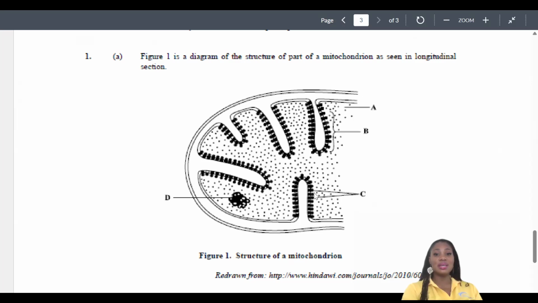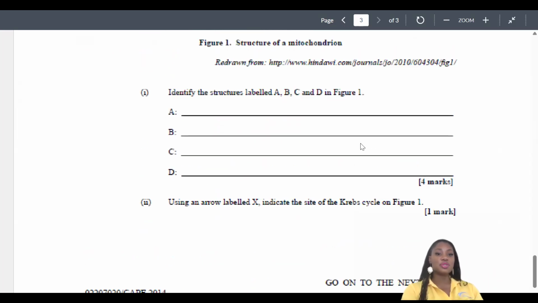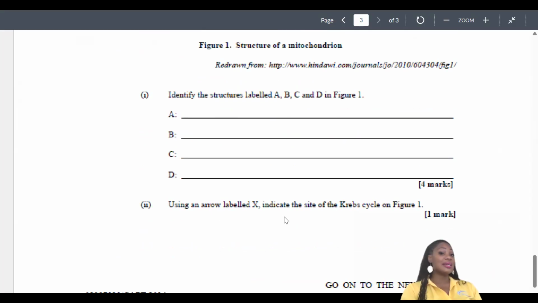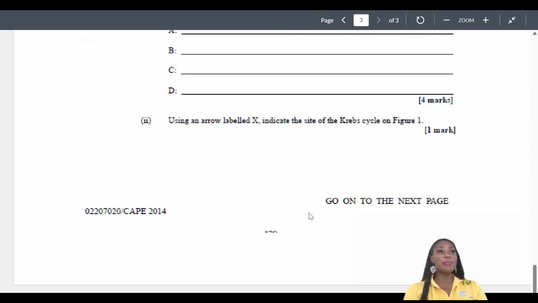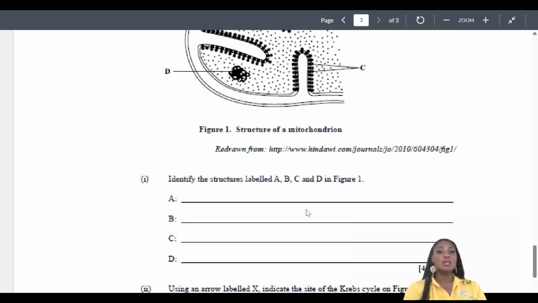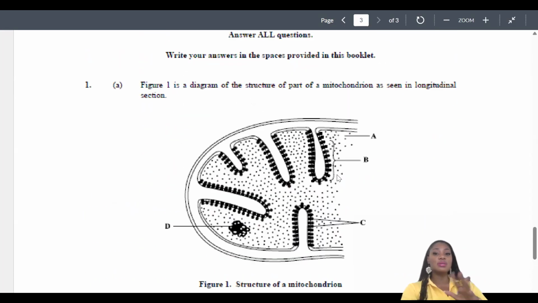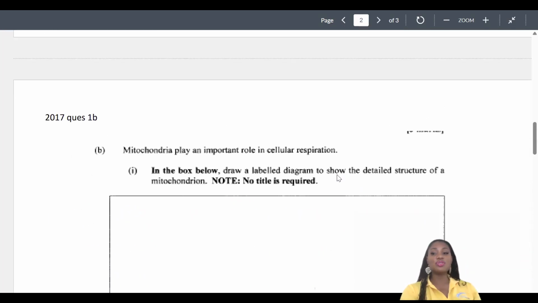Along this cristae. B is referring to the cristae or crista because it's just one. And A is pointing to the matrix. So they're like, identify these structures and use an arrow labeled X to indicate where the Krebs cycle occurs. So the Krebs cycle occurs in the matrix. All right. So these are the questions based on just mitochondrial structure.